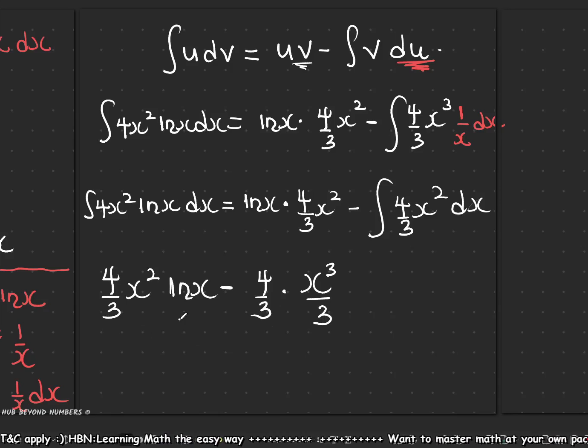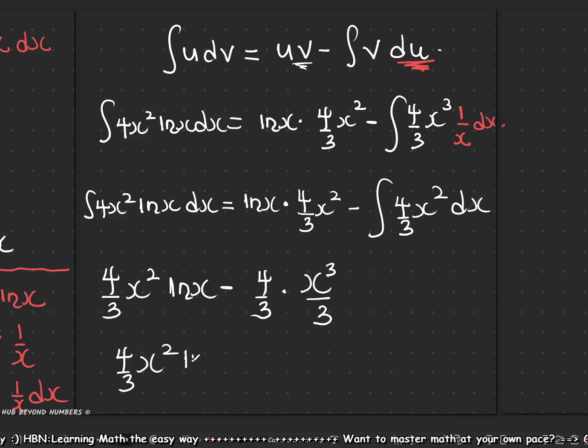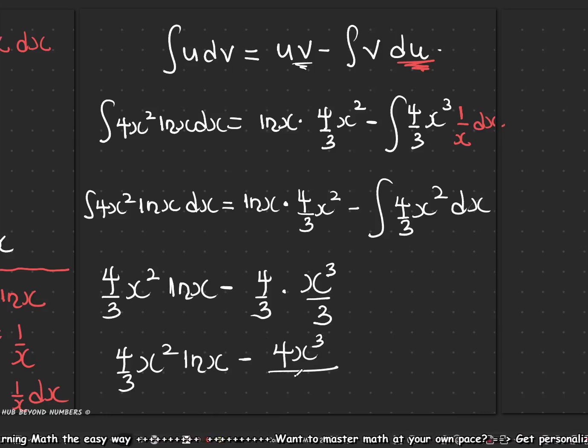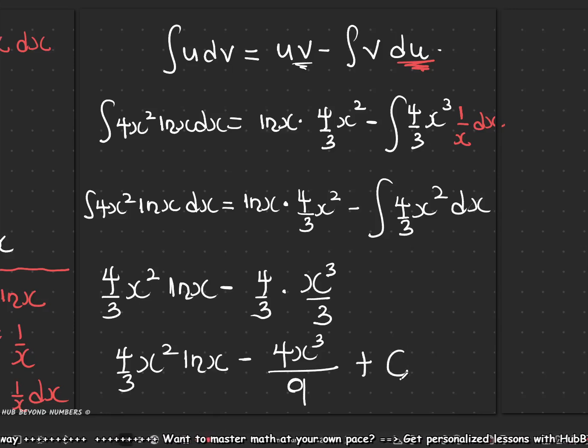So evaluating this, we have 4 over 3 x cubed ln x, then minus 4x cubed all over 3 times 3, which is 9. So this becomes our integral here. Then we add plus c because we have no limit.